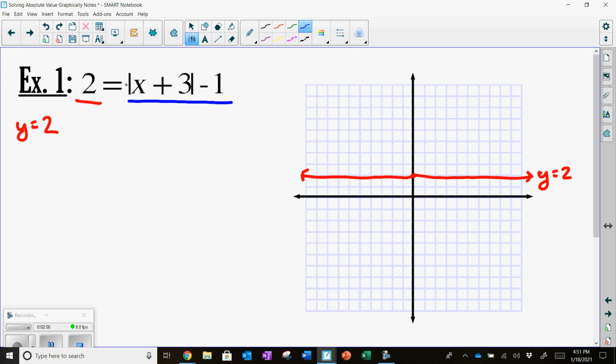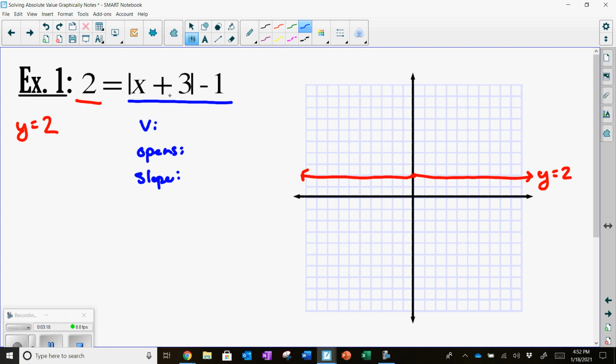But for our absolute value side, we've got some creative graphing to do. Let's remember that when we're graphing absolute value, we always need the vertex, what direction it's going to open, and we need to know the slope. Lucky for us, we can figure out all that stuff by pretty much just looking at it.